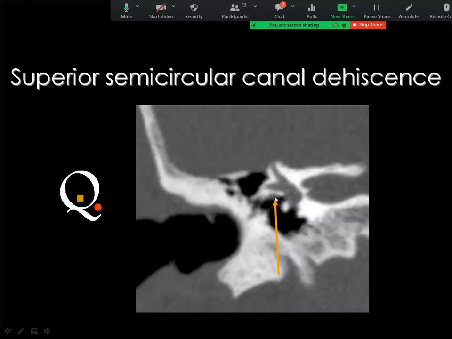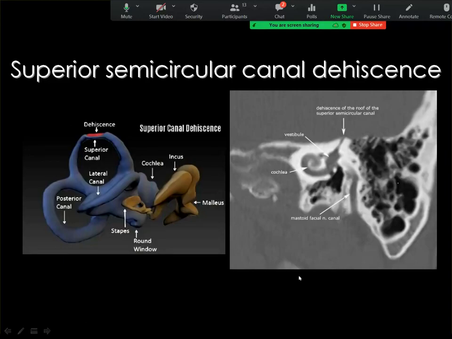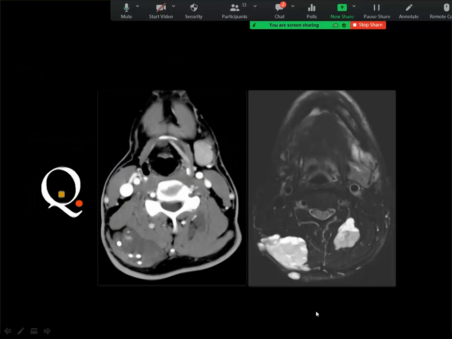The arrow points to the facial nerve, which is crossing below the lateral semicircular canal. And you know that sometimes the bony covering of the superior semicircular canal is deficient and the canal is dehiscent, as you can see in this diagram and this CT scan. And the arrow points to the deficiency of the bony ridge covering the superior semicircular canal, diagnostic of superior semicircular canal dehiscence syndrome.